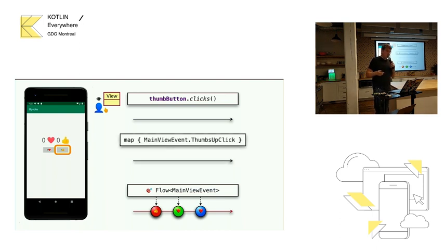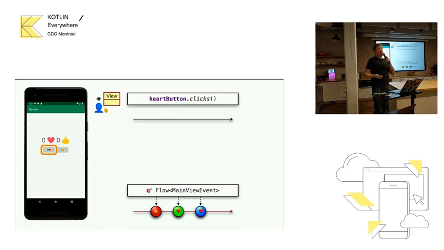And then what I do is I map that flow of units to my event, my main view event thumbs up click. That means that whenever that button gets clicked, this is the event that we're going to get. We suddenly now have a flow of thumbs up clicks, right? Whenever that happens, we take the unit, we turn it into an actual event, and we're good.